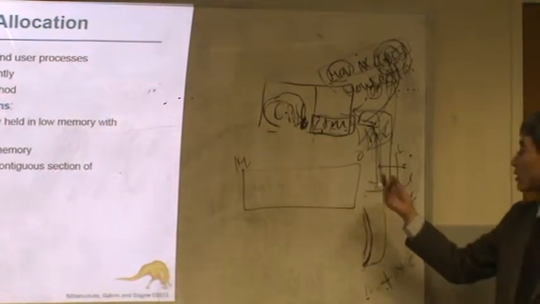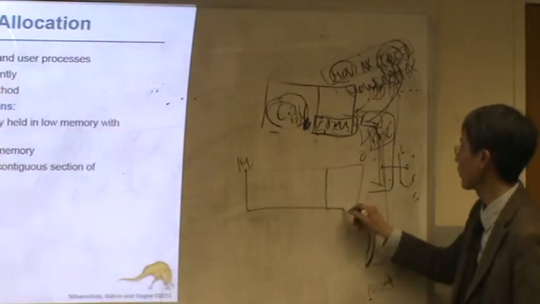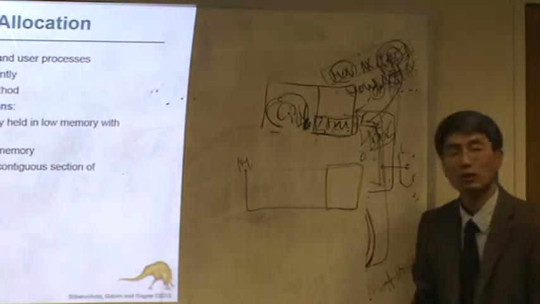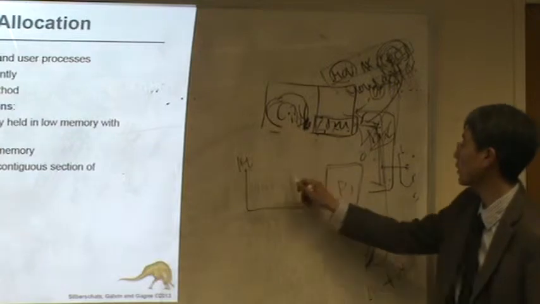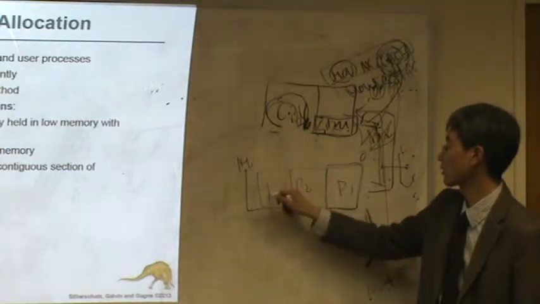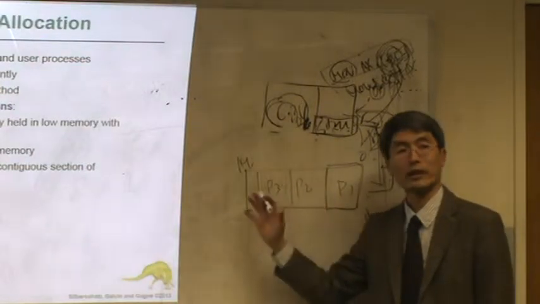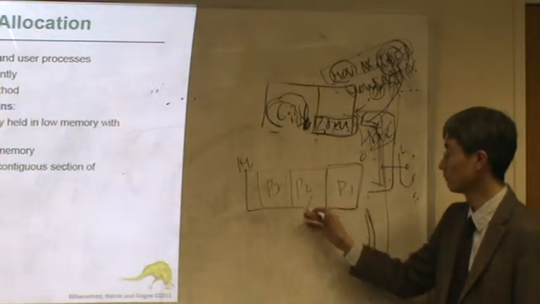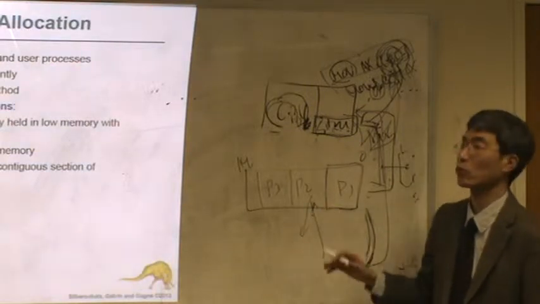So this is a lower address, this is a higher address. If we can find a certain amount of continuous memory, we can allocate process 1, then process 2, process 3. Okay? But if we do not have the space, at that time you can swap out, then bring another process, swap in.